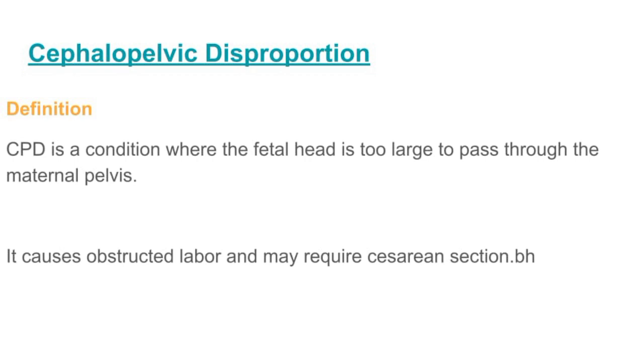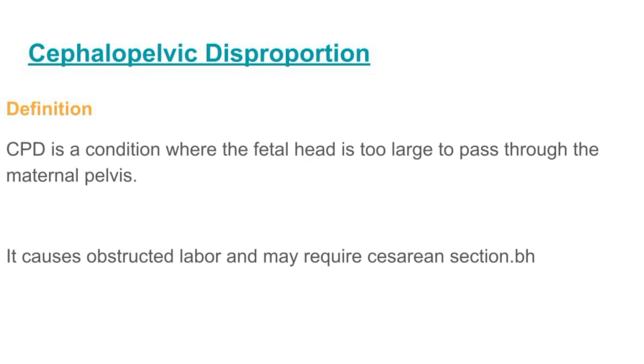What is cephalopelvic disproportion? We can simply define it from the term itself. Cephalo means related to head, and pelvic means related to pelvis, and disproportion means there is something wrong with the proportion of the head and pelvis.